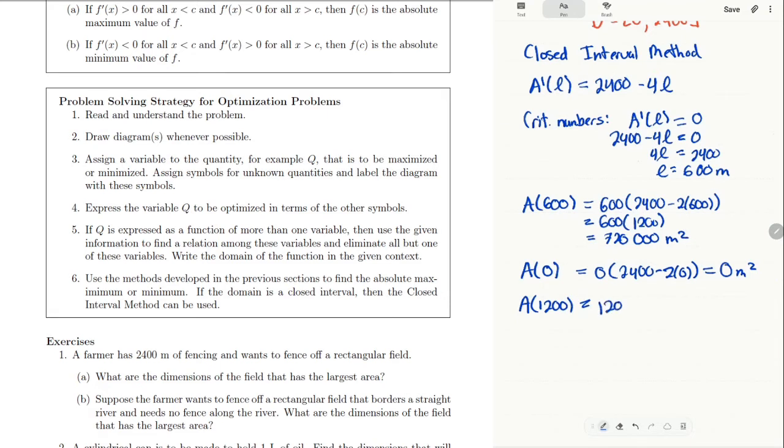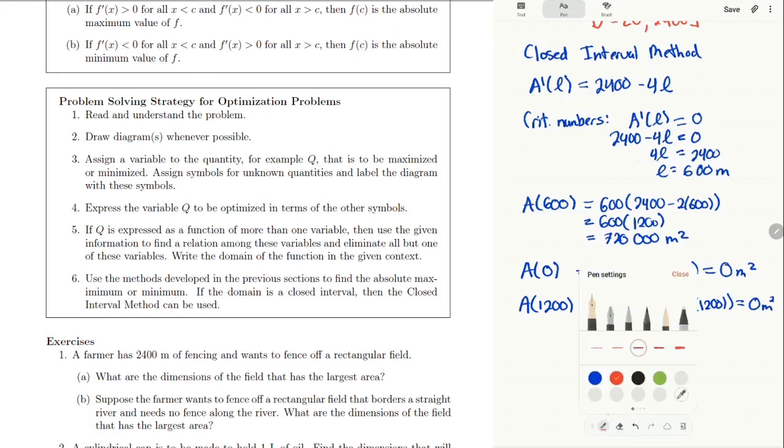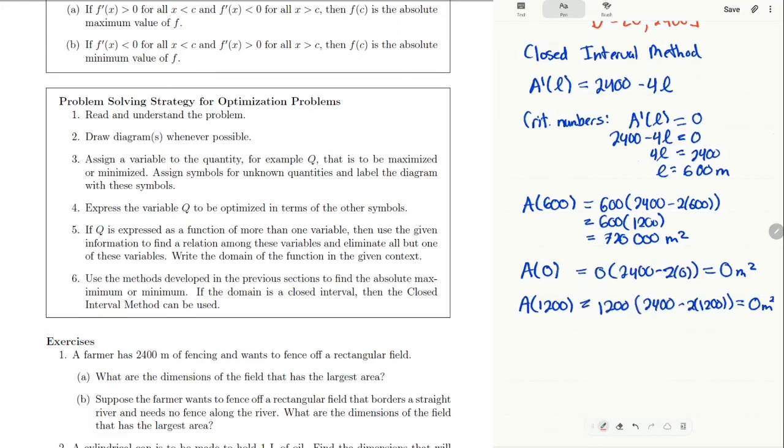That gives us 1200 times 2400 minus 2 times 1200. And this will give us 0 square meters. And now comparing all of these values and choosing the largest among them, we see that the absolute maximum occurs when the length is 600 meters.